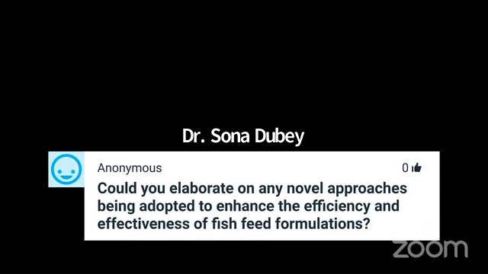Could you elaborate on any novel approaches being adopted to enhance the efficiency and effectiveness of fish feed formulations? Yeah, for fish feed formulation, there's the Pearson square method, which we basically use for protein percentage.